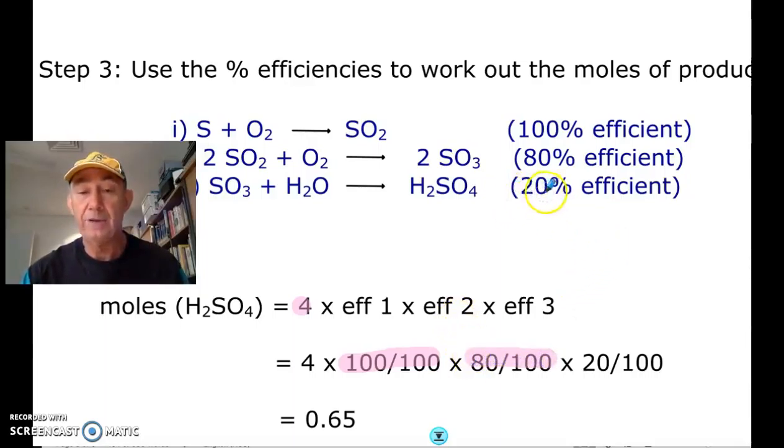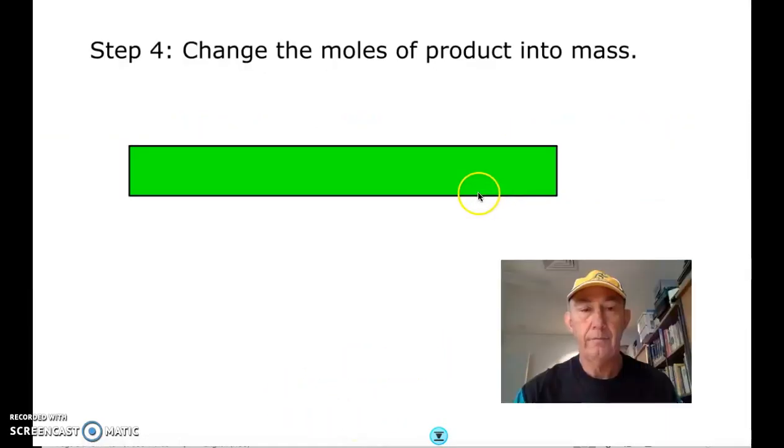And then our third reaction is only 20% efficient, so we multiply that by 20%. So in theory, we should have 4 moles of sulfuric acid being made, but because of our inefficiencies, we only end up making 0.65 moles of sulfuric acid. So we have just worked out that we have 0.65 moles of sulfuric acid being made.